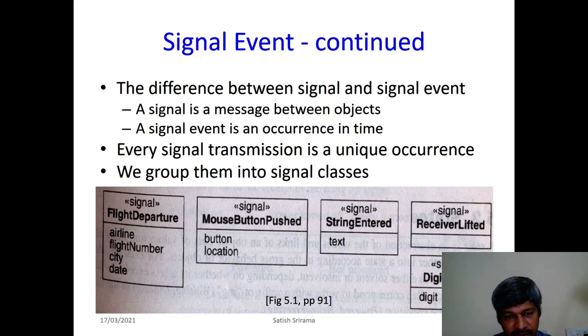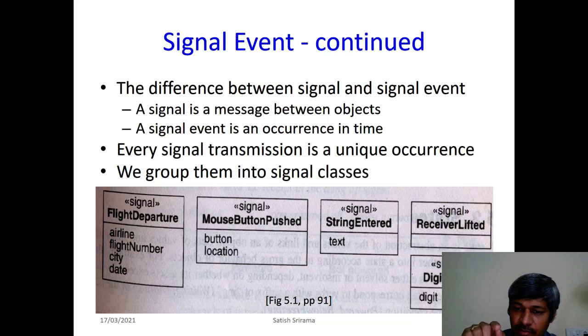Similarly, a mouse button pushed can also be a signal. Of course the UML notation has these symbols, and you put signal there. Coming back to mouse button pushed, that would be a signal class. Its attributes will be button and location.